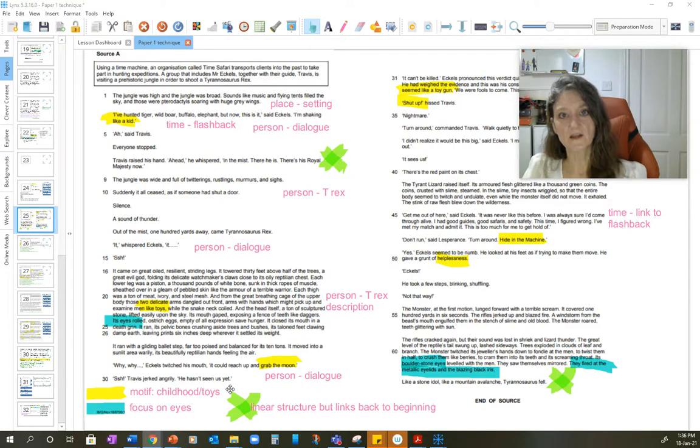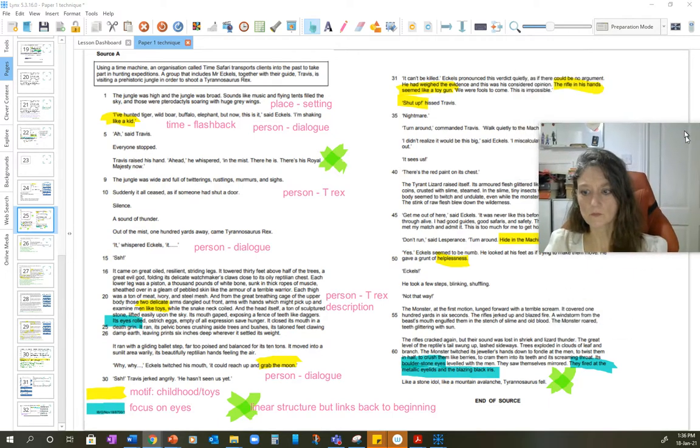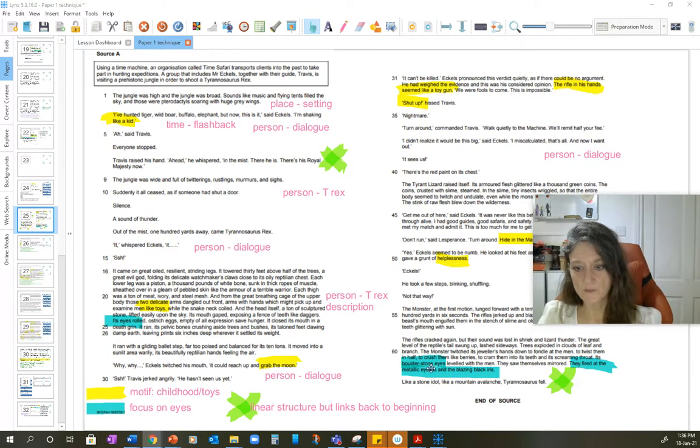It's this idea that Eccles, and maybe the other men as well, are totally out of their depth. They are like children playing in this historical jungle. And then something else that I noticed, I wouldn't really call this a motif, but it does recur. It's this focus on the eyes. So the eyes rolled, and then down the bottom, it's boulder stone eyes leveled with the men, so the eyes again, and they fired at the metallic eyelids.